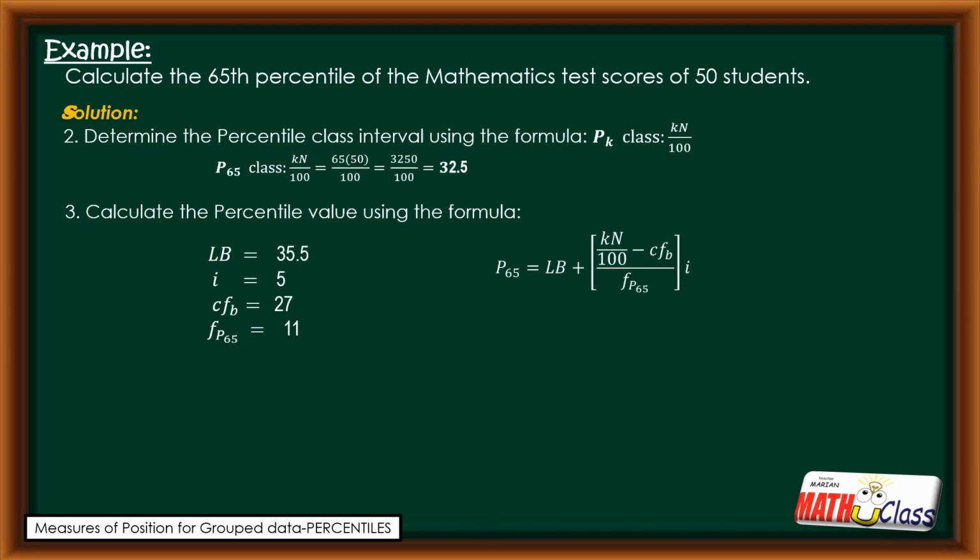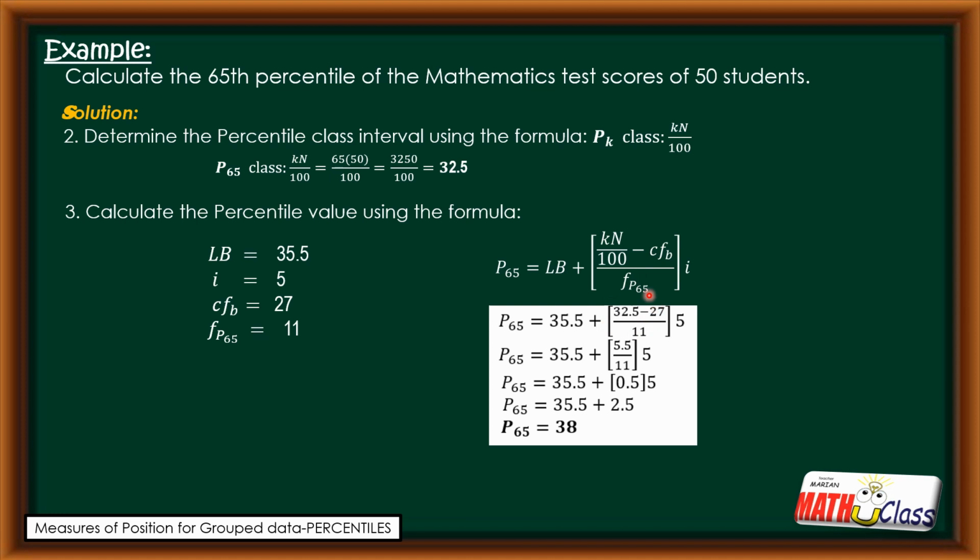This time, let us perform the operation by substituting all the given values in the formula. Remember that the value of the expression Kn over 100 can be found in step 2. So for P65, the value of the expression Kn over 100 in the formula is 32.5. Now, let us do the operation.